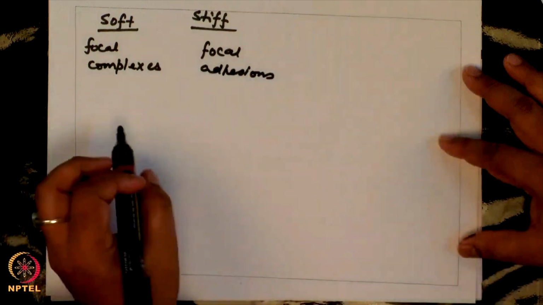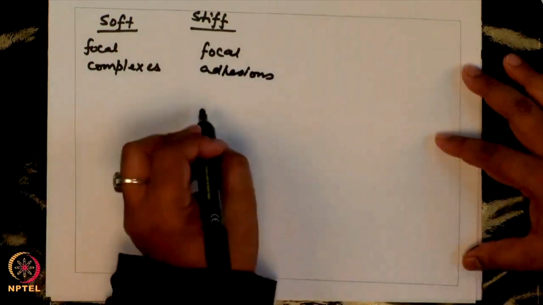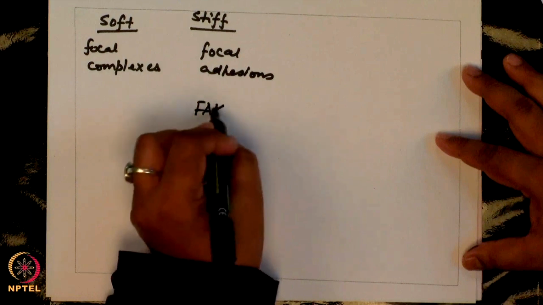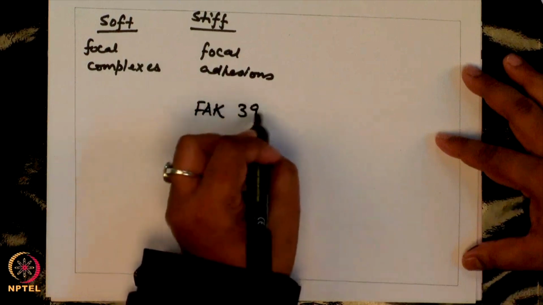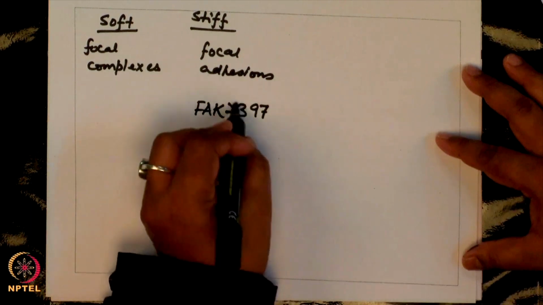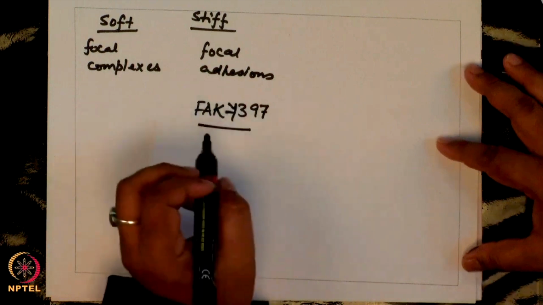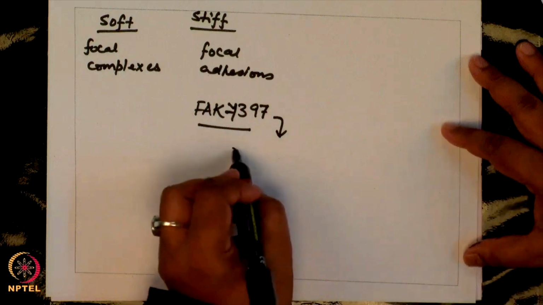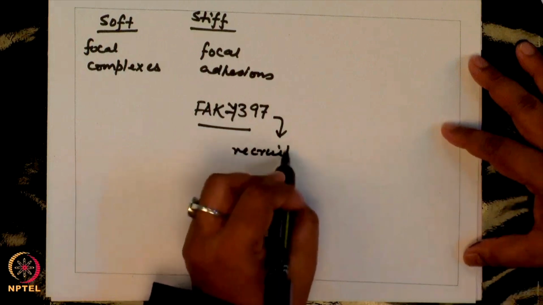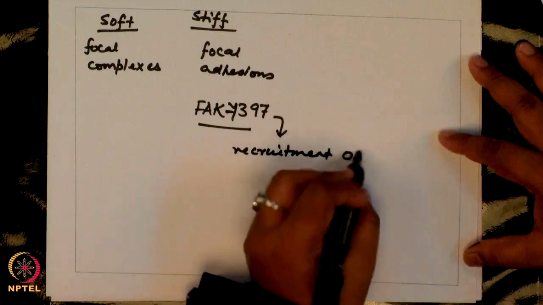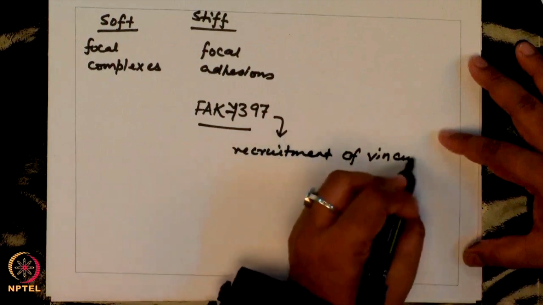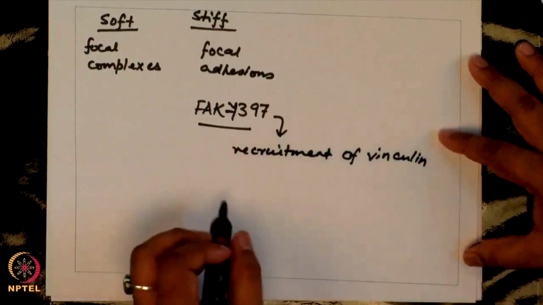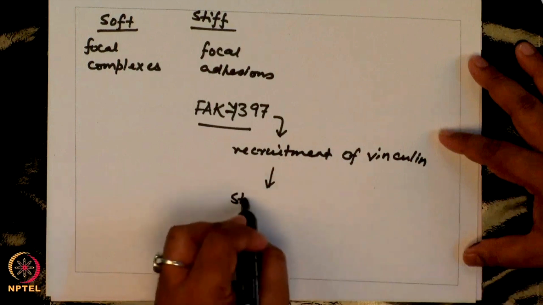And vinculin, or tyrosine phosphorylation of focal adhesion kinase at 397, which is known to lead to recruitment of vinculin, was only observed on stiff surfaces.